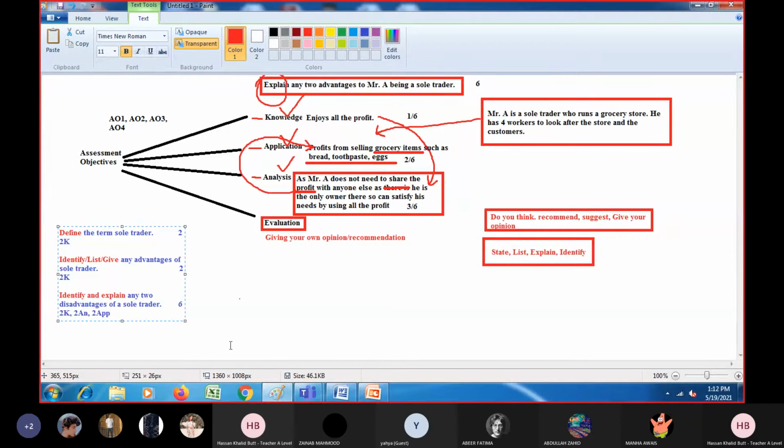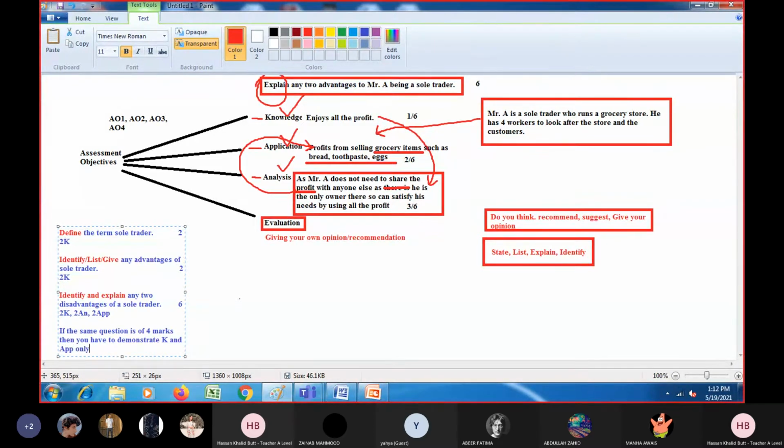But if it is 4 marks, let's say, then you might not need to develop them well. Then there might be only 2 marks for knowledge and 2 for application. Got it? If the same question is 4 marks, then you have to demonstrate knowledge and application only.